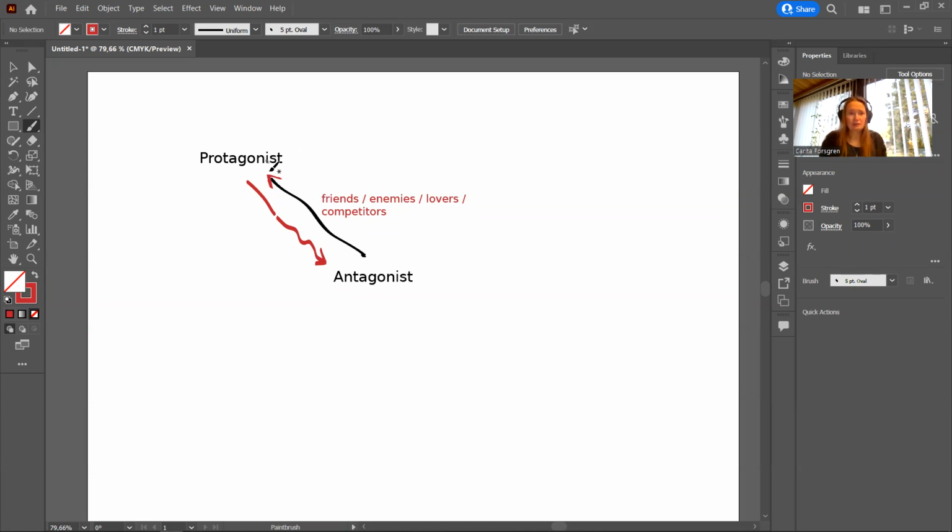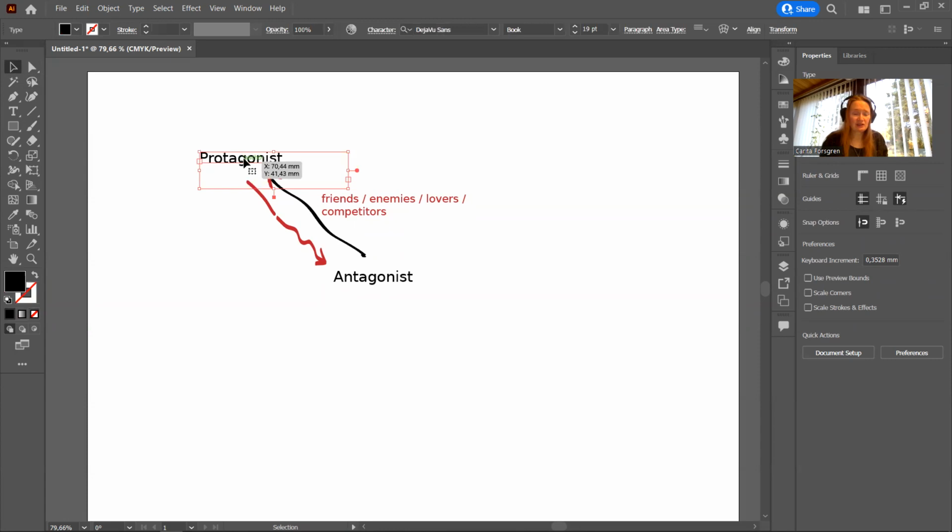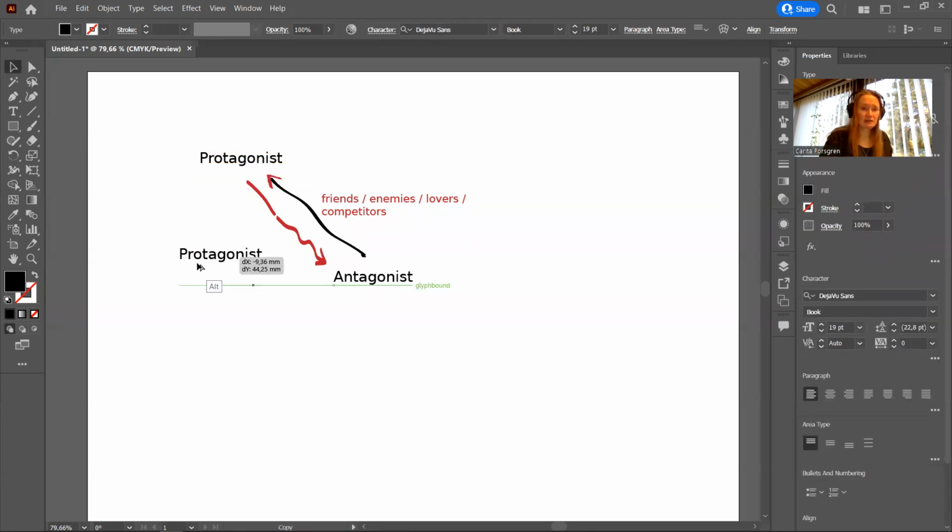So there are also other characters, of course, in most stories. So let's map them here. Here's an ally. Ally 1. Then we might have ally number 2.